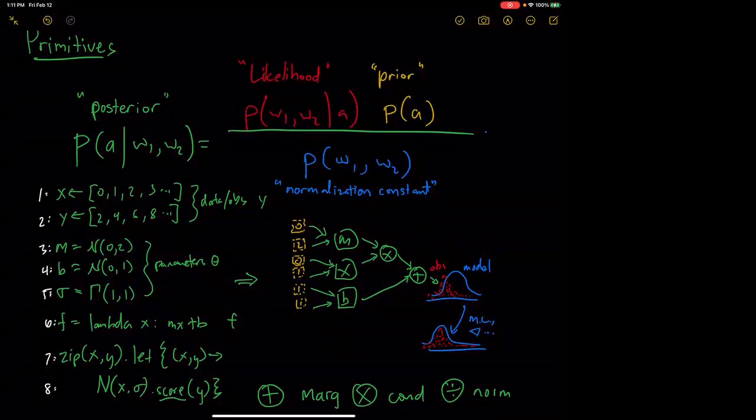So when we go to run this, what we do is we compile this into a graphical structure. This can be a probabilistic graphical model, or here we'll show just a simple circuit, an arithmetic circuit with some primitive distributions.